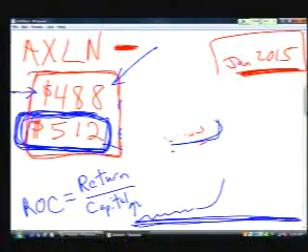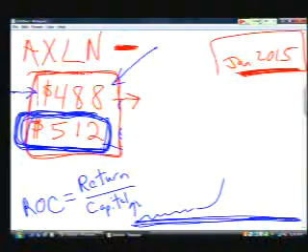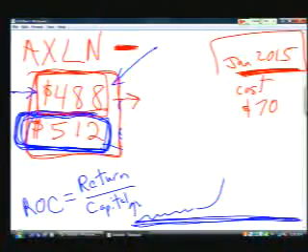When I say it costs us $70 to get out of this trade, it means we're going to capture all of this 488 except $70. We call that leaving $70 on the table. Cost $70 to exit the trade.